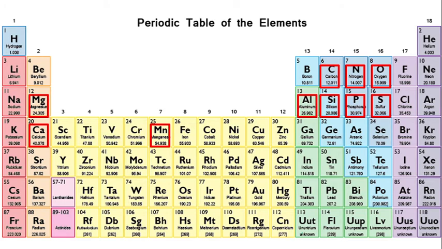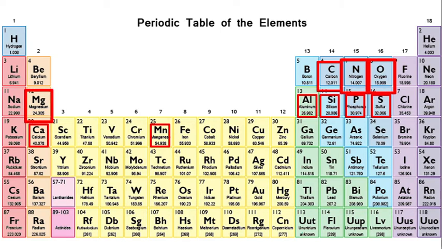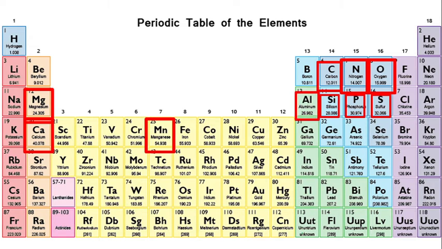During the material balance, we should look at the periodic table for the mass of the elements under consideration. Importantly, carbon has a mass of 12, nitrogen 14, oxygen 16, magnesium 24, calcium 40, which generally comes from the flux, and manganese about 55.